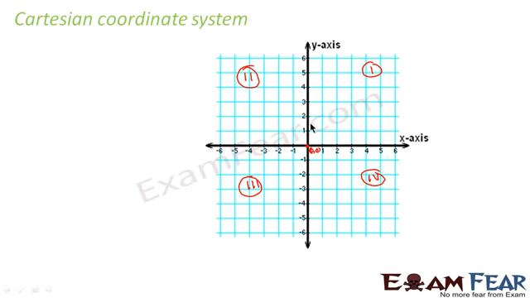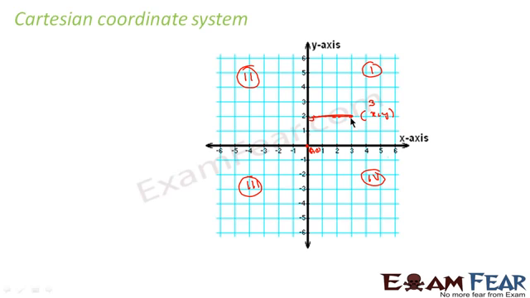And if you want to plot a point, let's suppose this point is x comma y. x is the perpendicular distance from the y-axis. So you draw a perpendicular line from here. The distance between this point and the y-axis is 1, 2 and 3, so x becomes 3. y is the perpendicular distance from the x-axis.